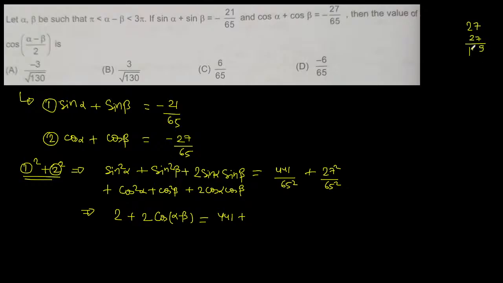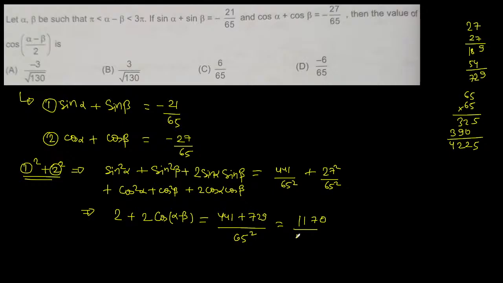This is 1170 over 4225. We'll send this to the other side, and it will come again with minus.